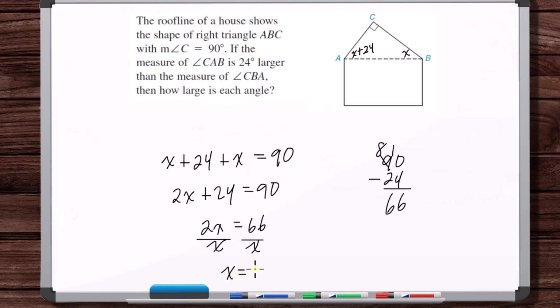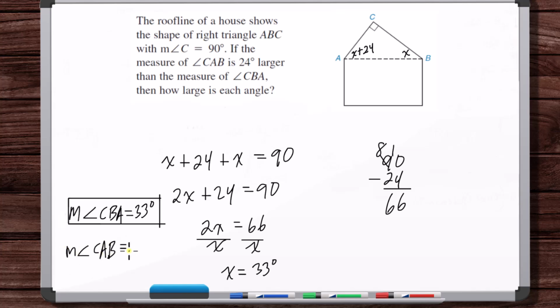So x is equal to 33 degrees. So the measure of angle CBA is 33 degrees. And then the measure of angle CAB is 33 plus 24, 57 degrees.